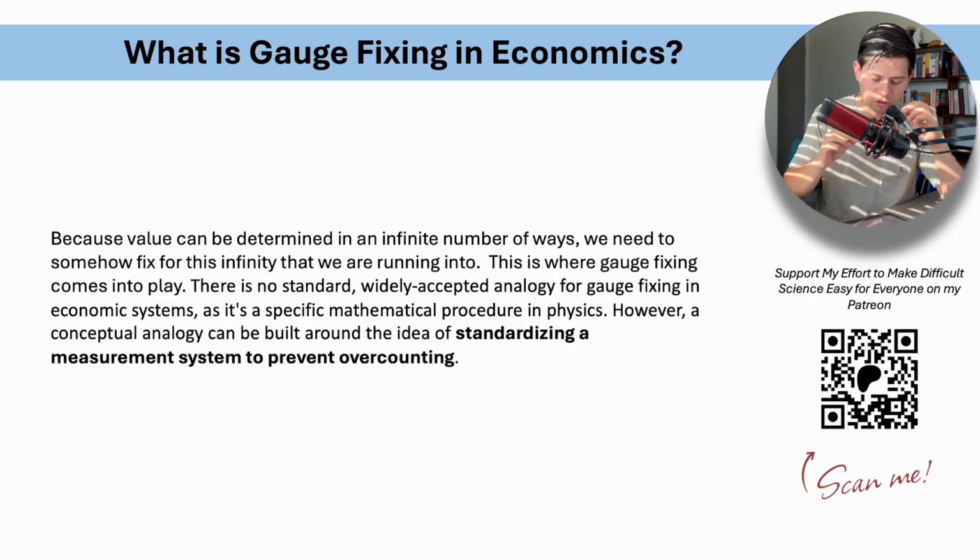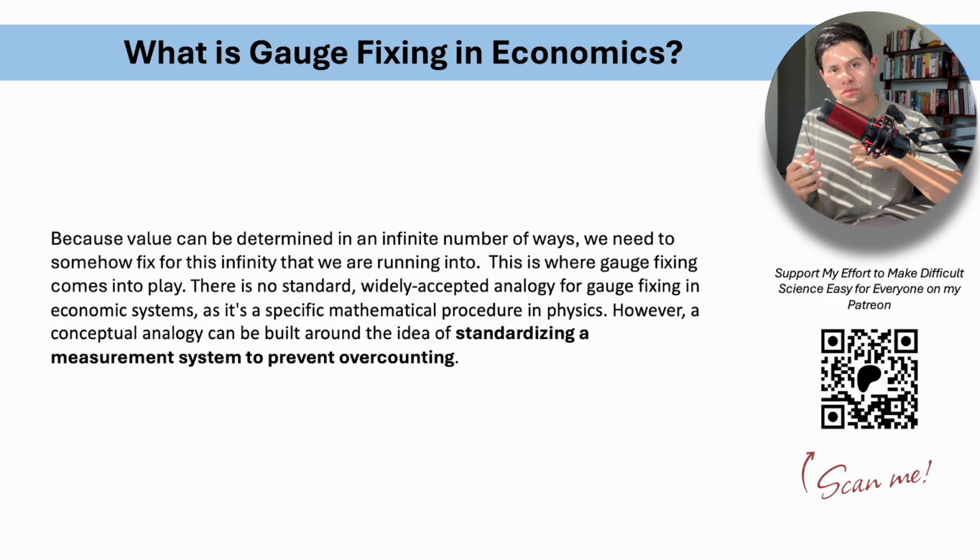There's no standard, widely accepted analogy for gauge fixing in economic systems, as it's a specific mathematical procedure in physics. But there's, however, a conceptual analogy, which is what we just made, built around the idea of standardizing measurements as well to prevent overcounting, right?